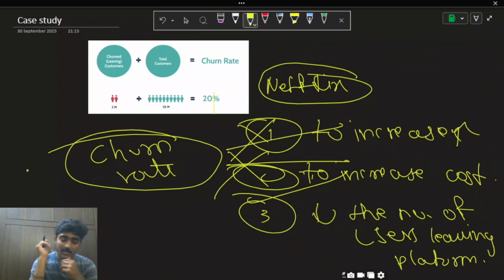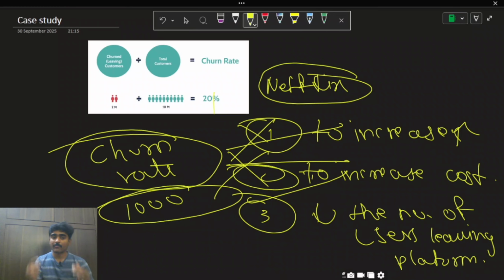Let us say in a Netflix organization we have 1000 members. We have a total of 1000 people using Netflix. Let's say in the entire Netflix organization we are having 1000 subscriptions, and churn rate is defined as 2%.